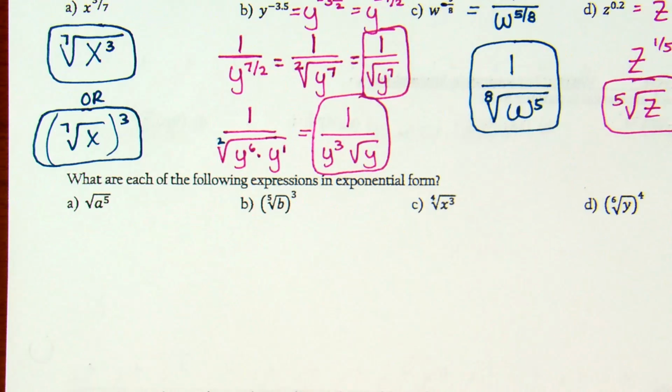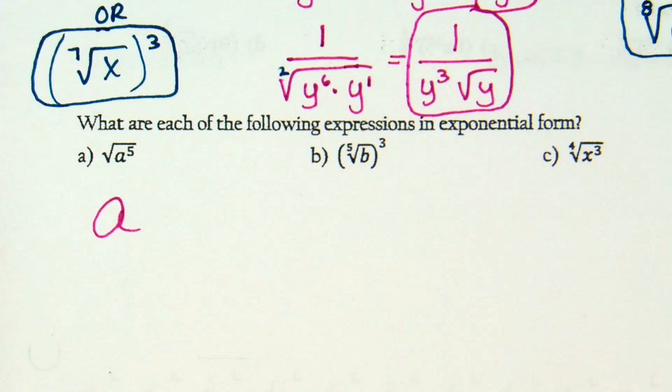Where's the index go? On the bottom in the denominator. So that makes my 5 my power. So a to the 5 halves. And you get to leave it like that.